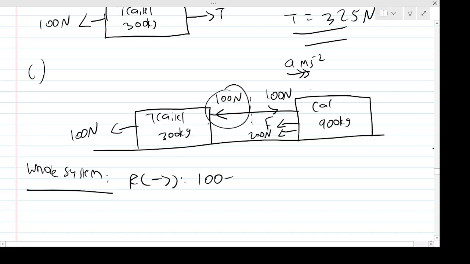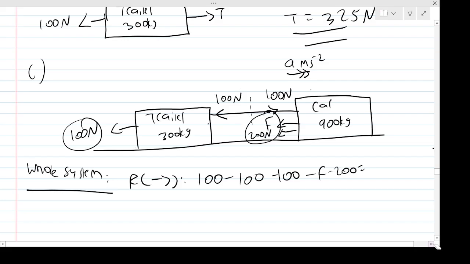So I'm going to take away the other 100 here, take away these two forces, so take away F, take away 200. And then that's going to equal MA. So mass times acceleration. Well, again, the whole system, we need to add the masses. So 1200 times A. Now, if I simplify this, I'm going to get minus 300 minus F is 1200A.